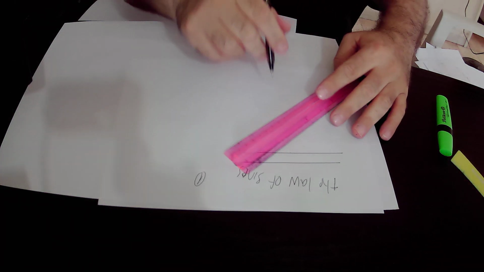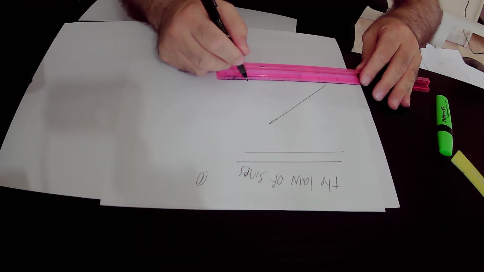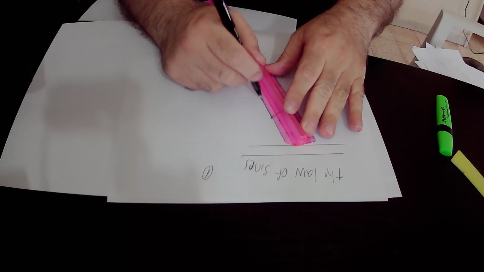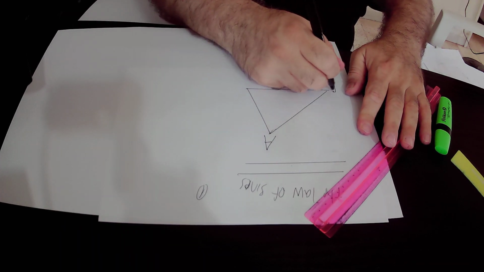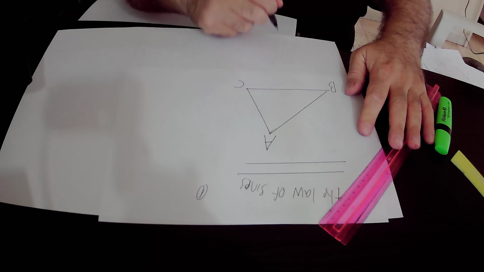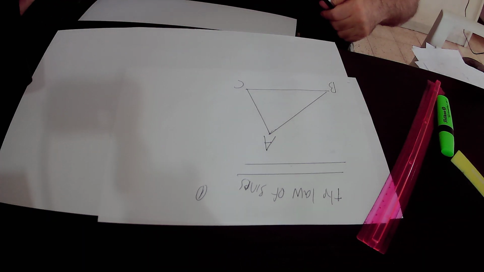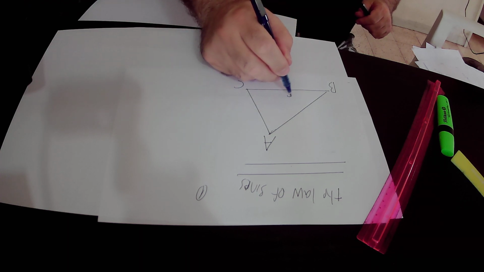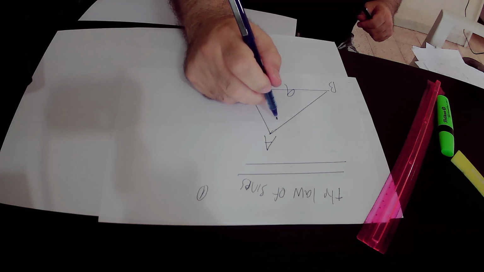So if we have triangle ABC, this could be any triangle. The length of side BC equals a units. Angle BAC equals capital A degrees.